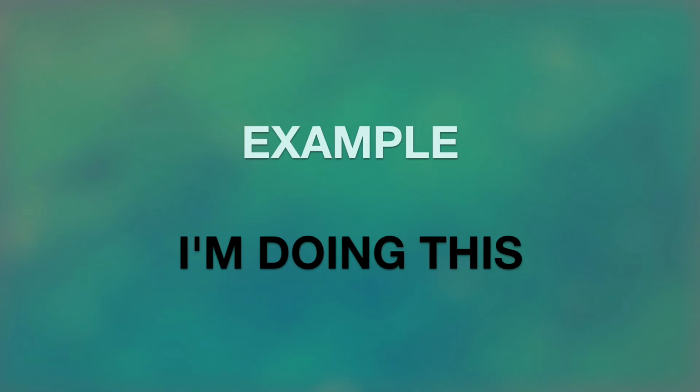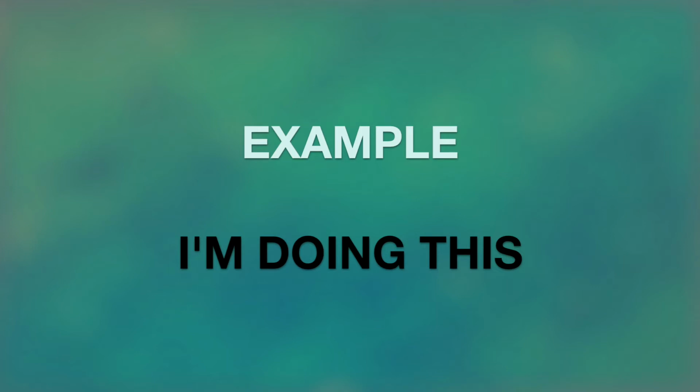Okay, so "I am" becomes "I'm" or "I'm". Okay, it just depends on the speed. So for instance, you can say "I'm doing this", or you can say "I'm doing this". Okay, I usually say just "I'm doing this".